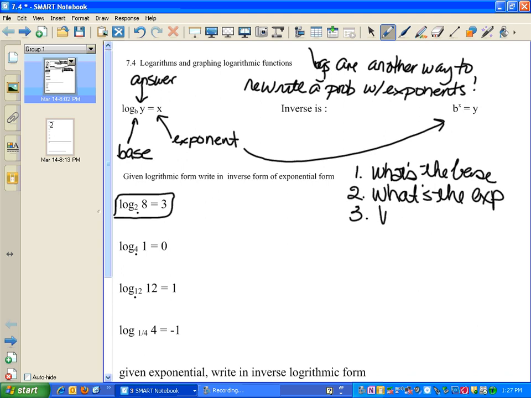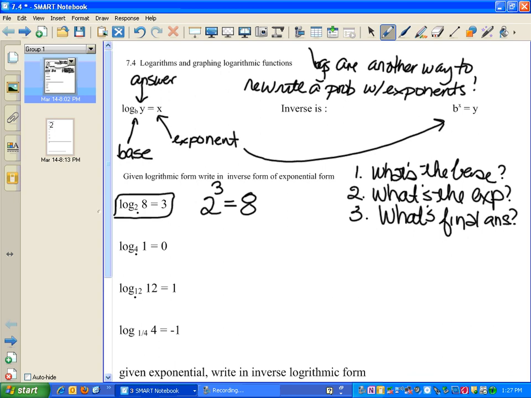And then finally, what's the final answer? These 3 questions will help you rewrite a problem that's given to you in log form in exponent form. So look at this problem. Log subscript 2, 8 equals 3. What's the base? What's the exponent? What's my final answer?